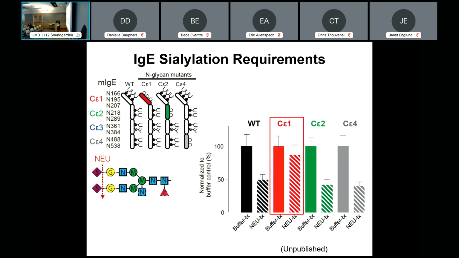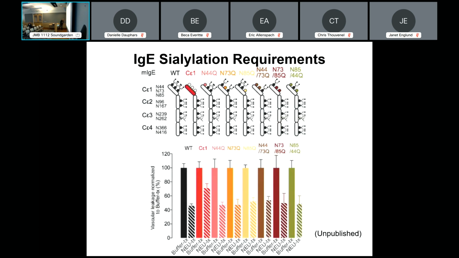Obviously we left out the mutants for the CH3 because that's where the oligomannose glycan is that's required for binding the high affinity receptor, so we thought those mutants would confound this response. We made every iteration of double and single mutants of the glycans, and you can see here it's only the triple mutant that has this lost phenotype. So we think there's a sialic acid dosing effect that's required for this attenuation when you remove sialic acid.